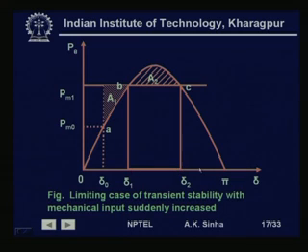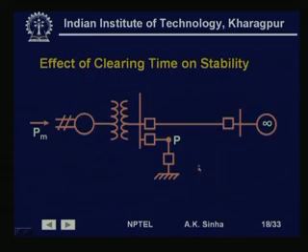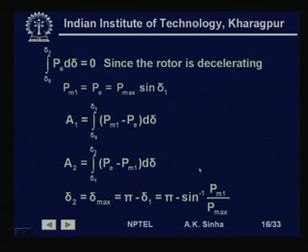So, delta 2 is equal to, I am sorry, delta max, delta 2 is equal to delta max, which is equal to pi minus delta 1, which is equal to pi minus sine inverse P m 1 by P max, and this is what tells us that we have reached the maximum delta value that is feasible for stability, and this provides us the delta max value from this relationship.